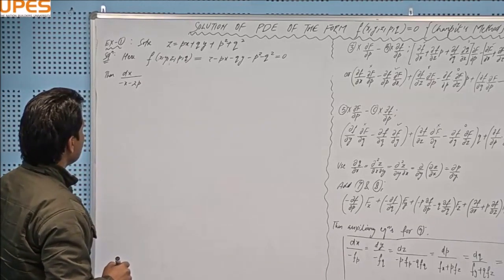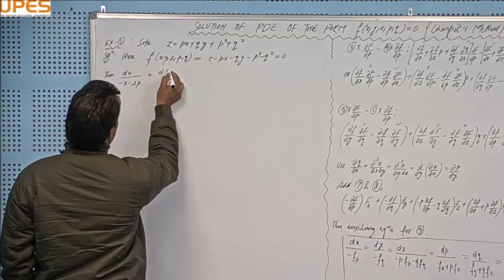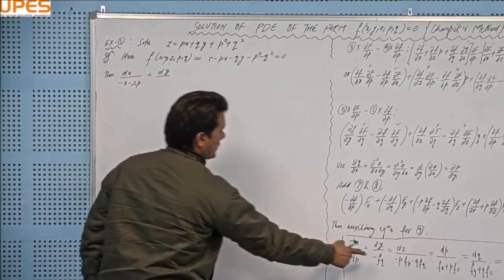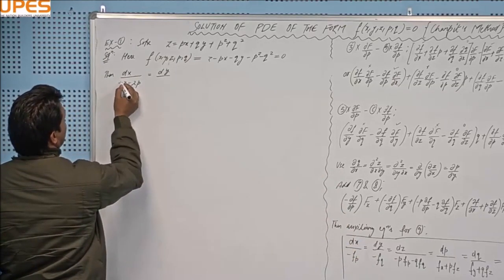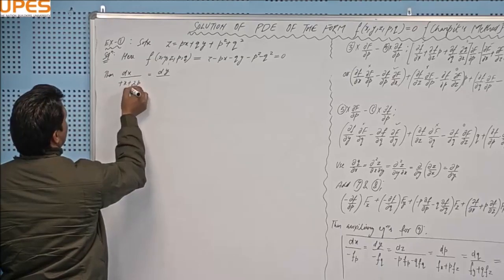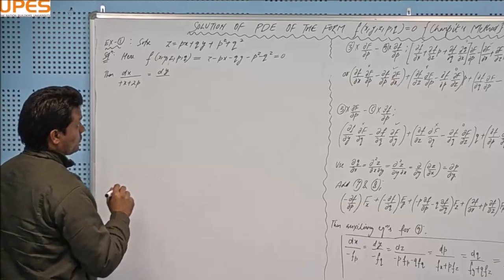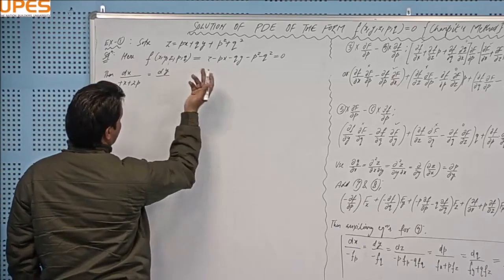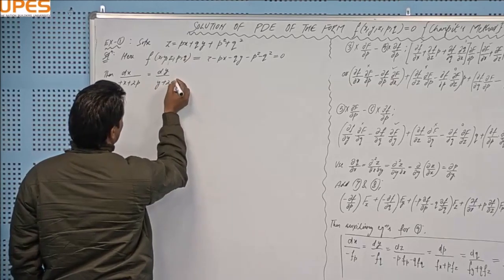Then dy upon del f by del q, and here we have minus sign also, no? Yeah, then it will become plus. Okay, then del f by del q, differentiating with respect to q and putting negative sign, I will be getting y plus 2q.